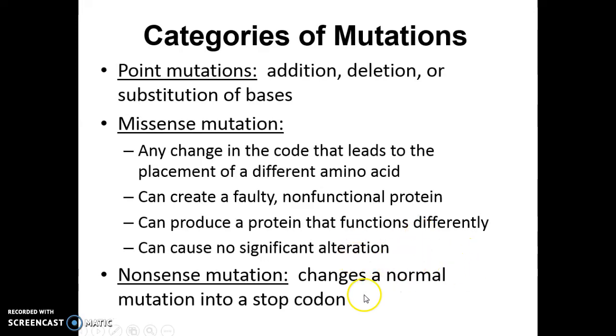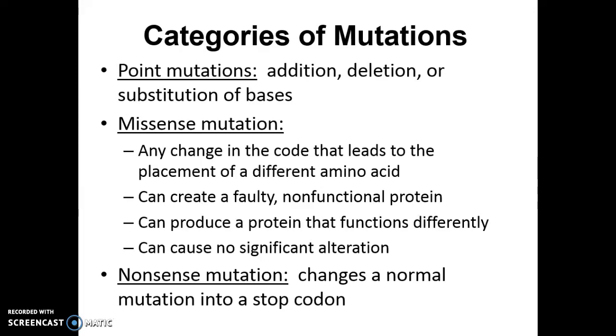All right, a nonsense mutation changes a normal codon into a stop codon. And what that does is it causes the process of developing a protein, so translation, to stop.